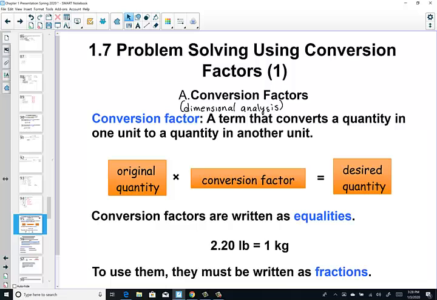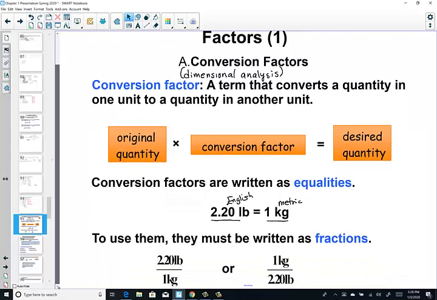And we do so by writing out what we call equalities in 2 different forms. For instance, 2.20 pounds is an equivalent value to 1 kilogram. Of course, the kilogram is the base unit in the metric system, and the pound is what we call the English system. And so 2.20 pounds is equivalent to saying 1 kilogram. And to use them, we set them up as fractions.